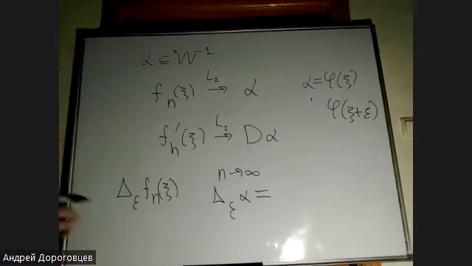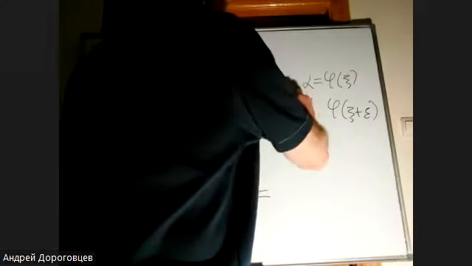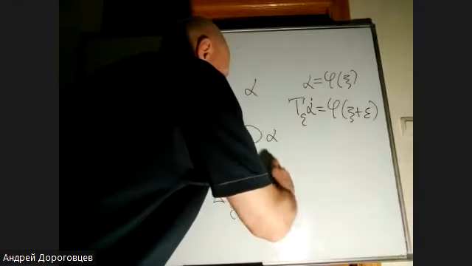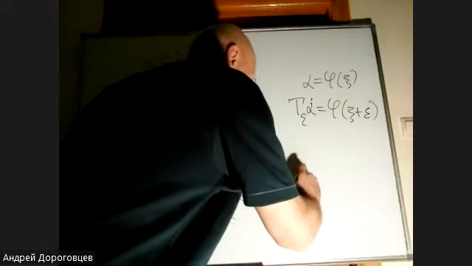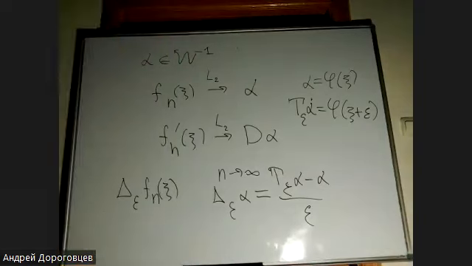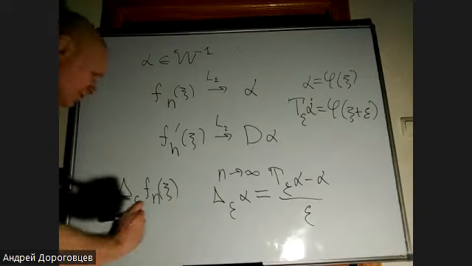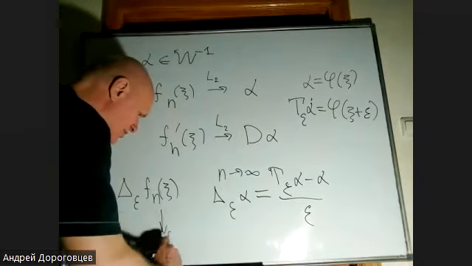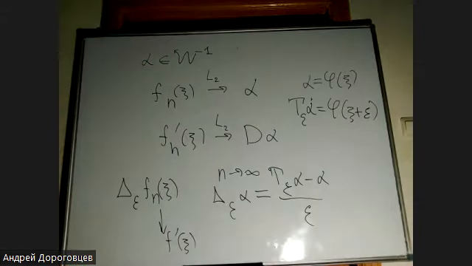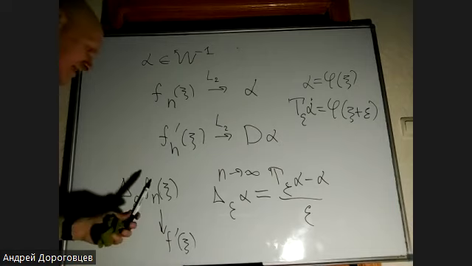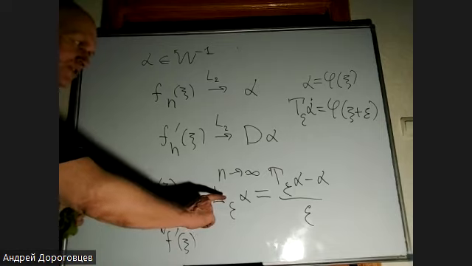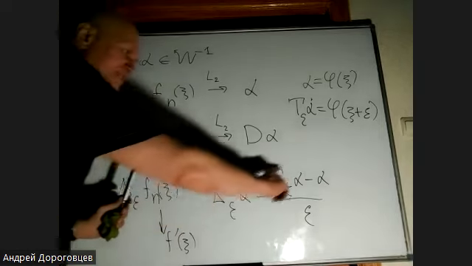And then one can define this one. Let it be T epsilon of alpha. And then this is (T epsilon of alpha minus alpha) divided by epsilon. So then we know that this converges to f prime of psi. One can find fn in such a way that it is close in the L2 sense to this one.